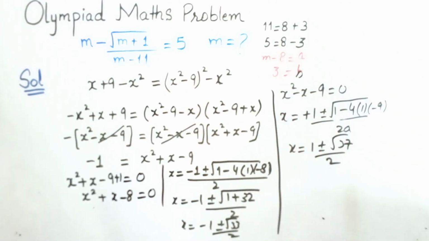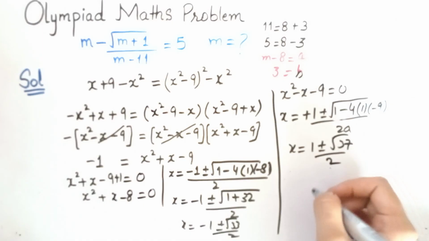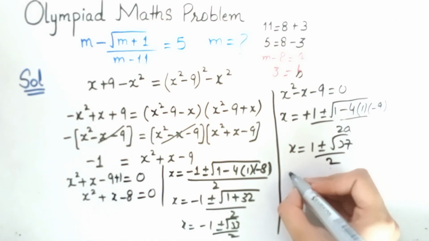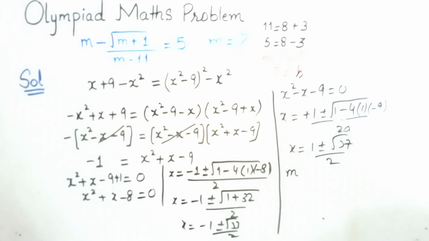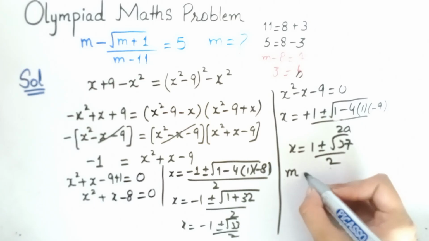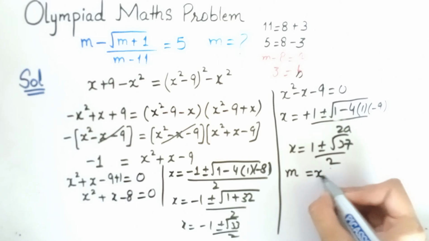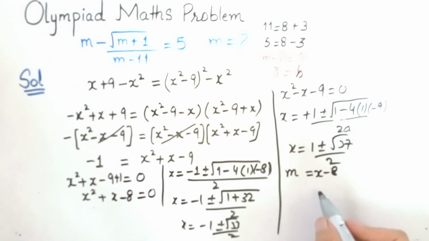Then we will find the value of m here. In the last step we will make the substitution x equals m minus 8, so we will just add 8.